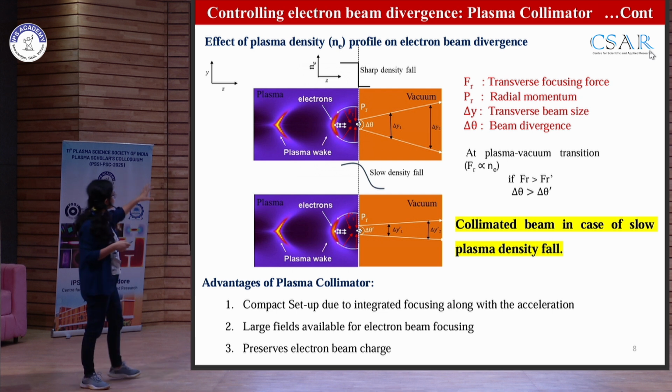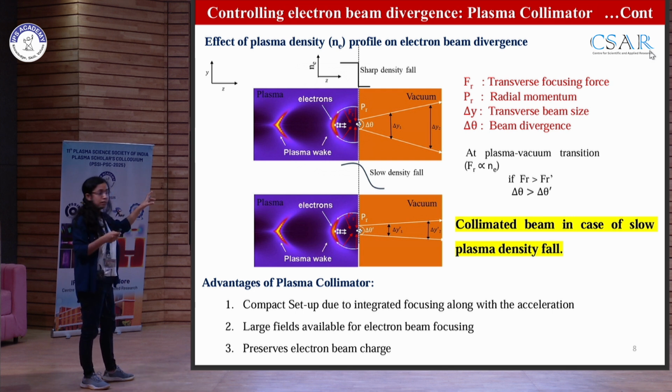Inside plasma, or in this case the bubble, the electron beam will be focused due to the transverse forces. And now if I suddenly cut the plasma, like if there is a sharp boundary between plasma and vacuum, then the electrons will suddenly blow up due to the radial momentum component, and as it propagates, its beam size will keep on increasing.